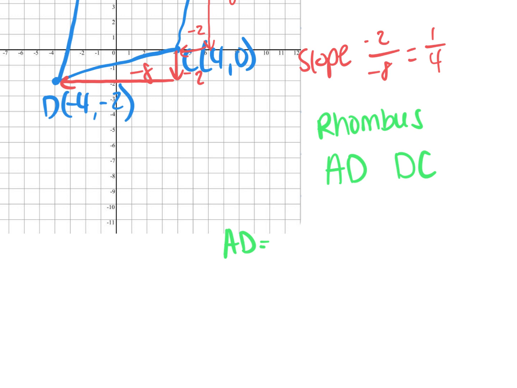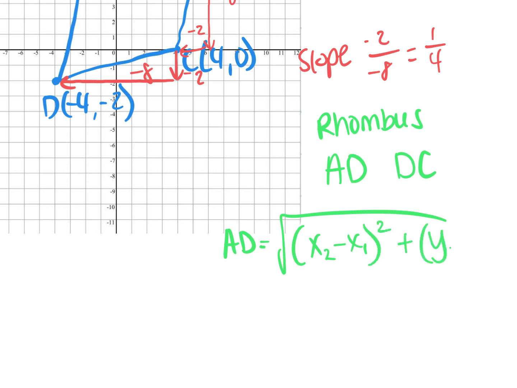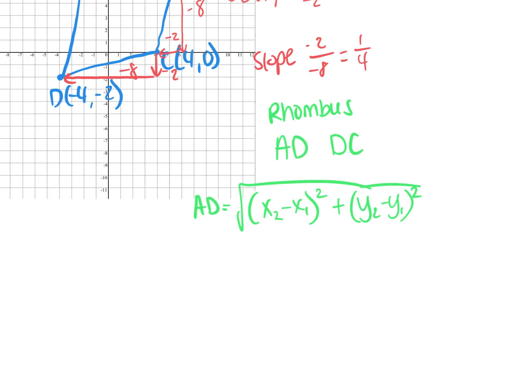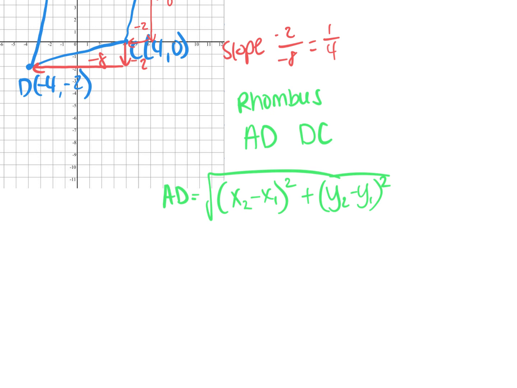Does anyone remember the distance formula? Square root of x2 minus x1 squared plus y2 minus y1 squared. No, it's not over 2. That's the midpoint formula. Okay, so let's plug it in.